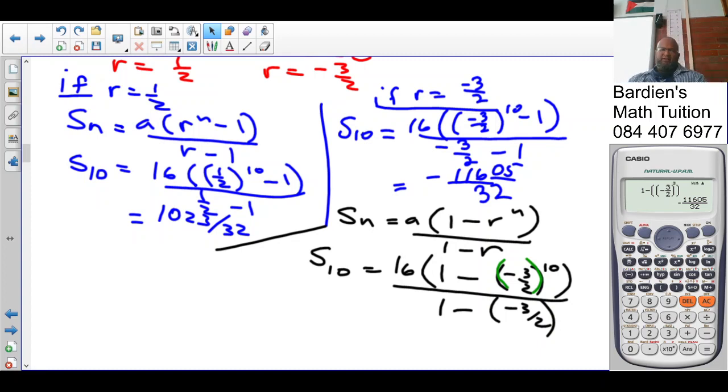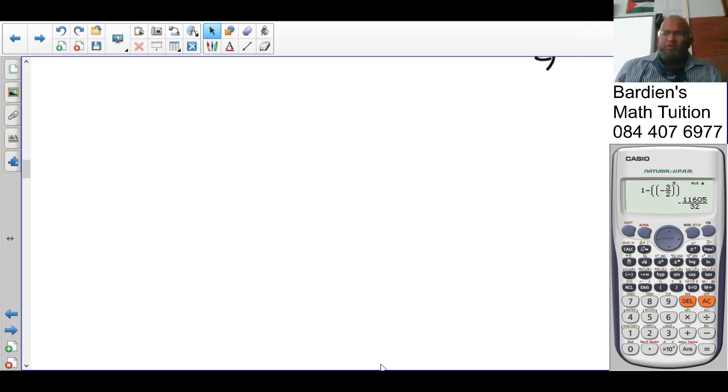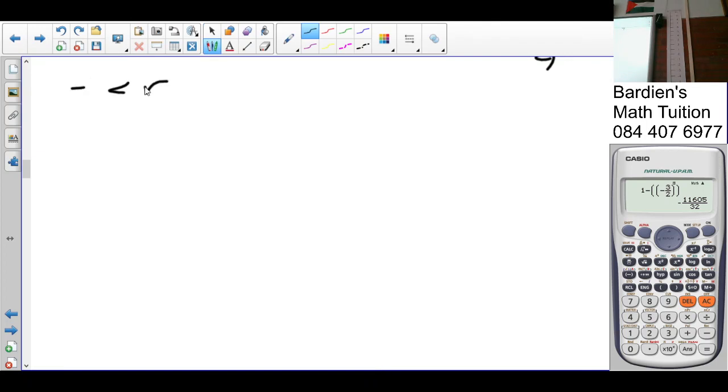So part of your homework, you can read through the bottom of page 16, but I'll explain basically what's happening there. They say the series will converge if r is greater than negative 1 but less than 1. Okay. Will converge.